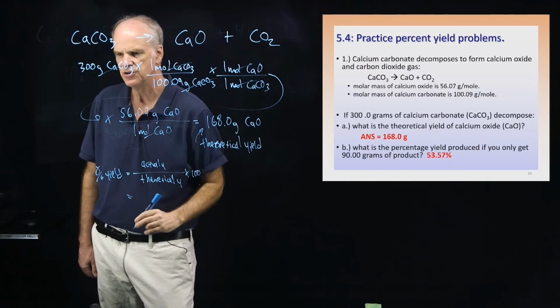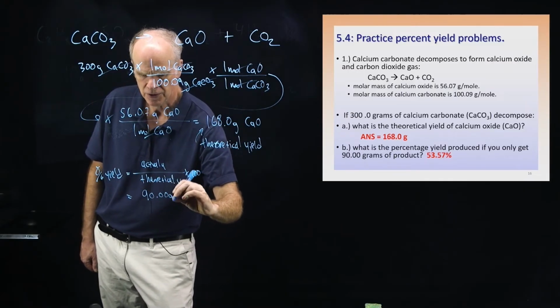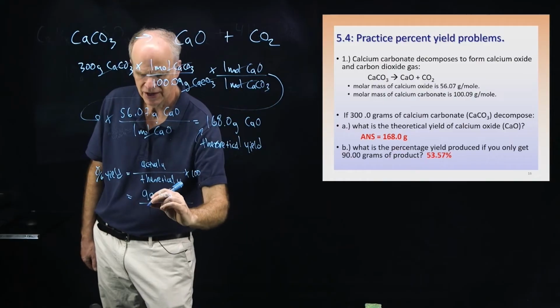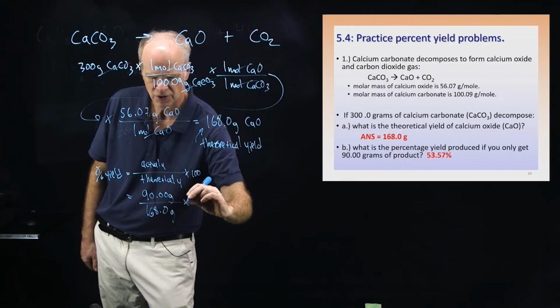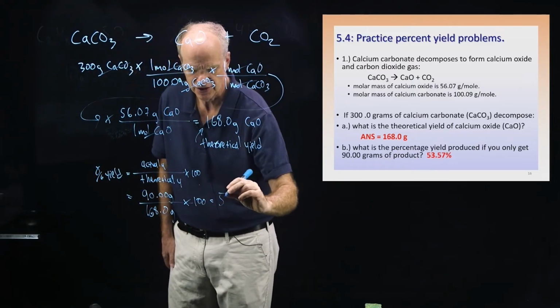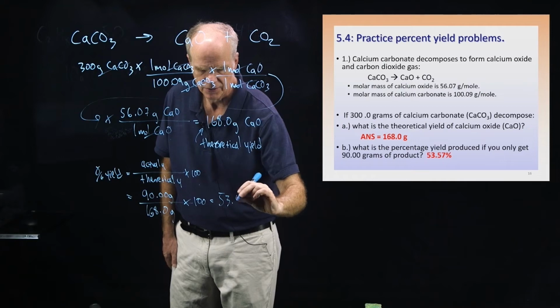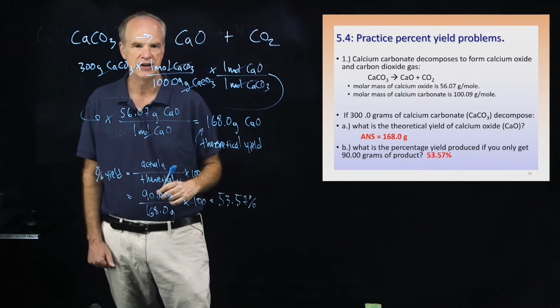So the actual yield is given. It's 90 grams. And you're dividing it by the theoretical yield, which is 168.0 grams, and then you multiply that by 100. And then the percent yield is 53.57%. And so that's how you solve that problem.